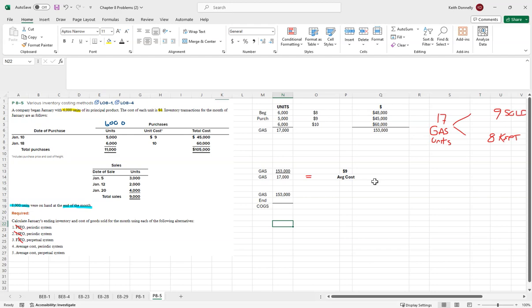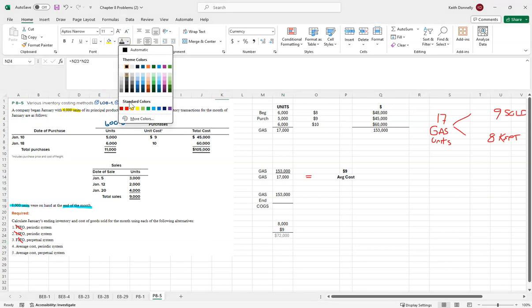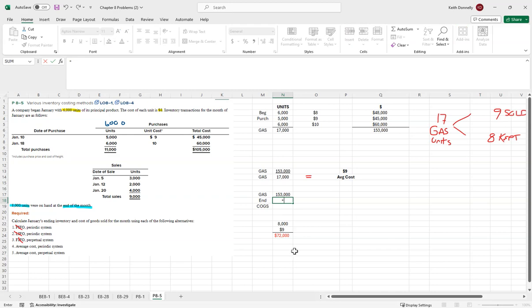The average cost of those units we kept was $9. So if we multiply, that's $72,000 as our ending inventory. Well, 153 goods available for sale, 72 was our ending, so the difference must have been our cost of goods sold at $81,000.